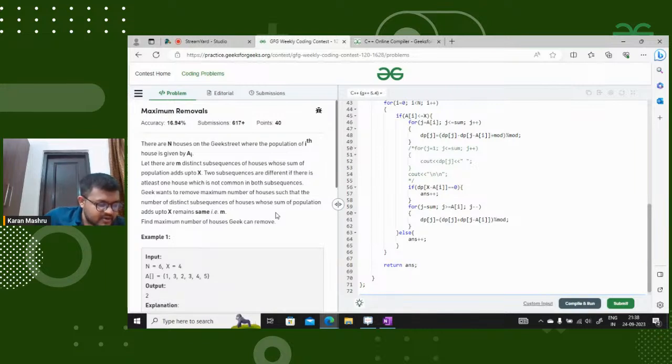So basically we count the number of subsets whose sum equals I, considering all the elements. Then one by one we nullified the effect of the ith element and counted the number of subsets whose sum was equal to x minus a of I. If that was equal to 0, we said that there are no subsets whose sum equals x which have the ith element included. So I did answer plus plus whenever we encountered such a thing.